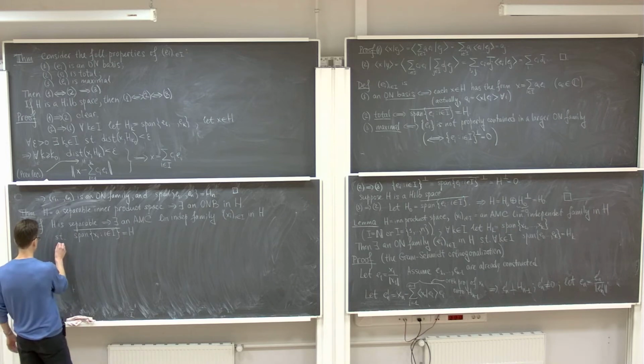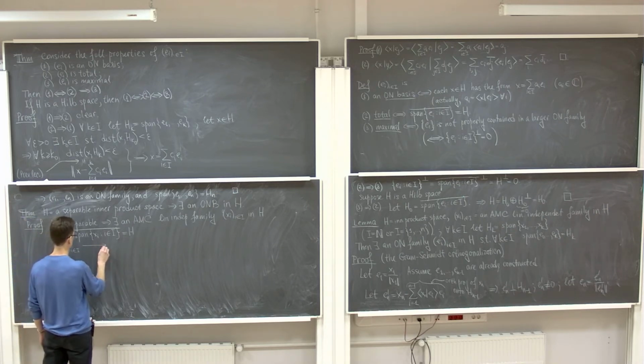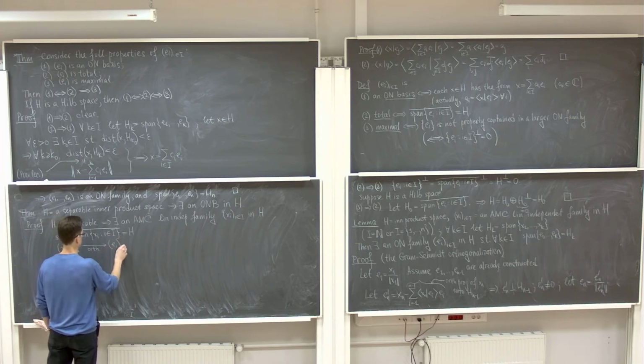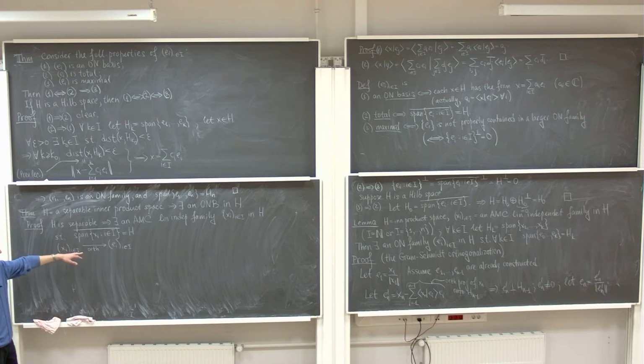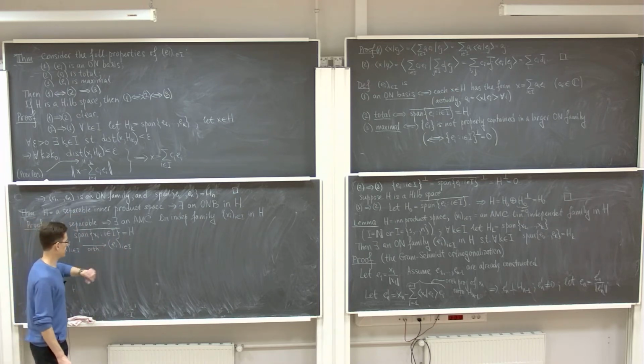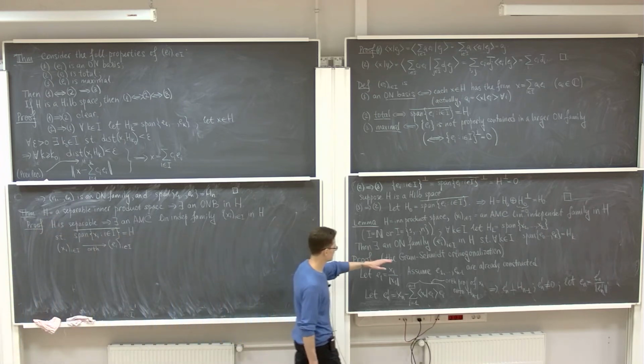So we take this family, Xi, and we apply the orthogonalization process. And we come to an orthonormal family, Ei, and the previous lemma implies actually this condition.